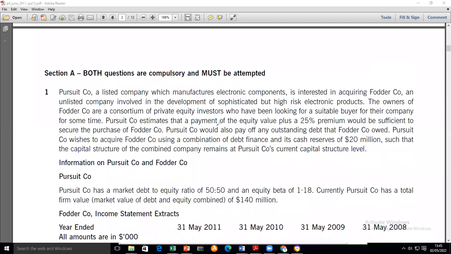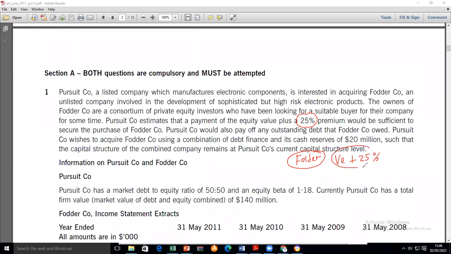Bestwood Company estimates that the payment of the equity value plus a 25% premium, meaning you go to Fodder, you take the value of equity plus a 25%.